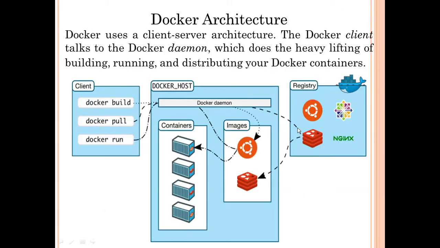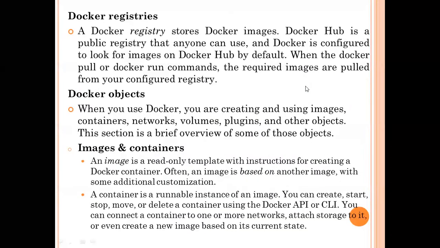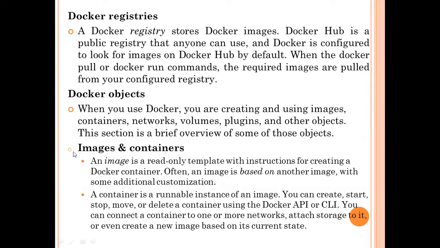All those things which you are going to use inside your Docker will be included in your Docker objects. The first thing which we are talking about is an image and a container. An image is a read-only template with the instructions for creating a Docker container. Often an image is based on another image with some additional customization. Now, what does it mean?